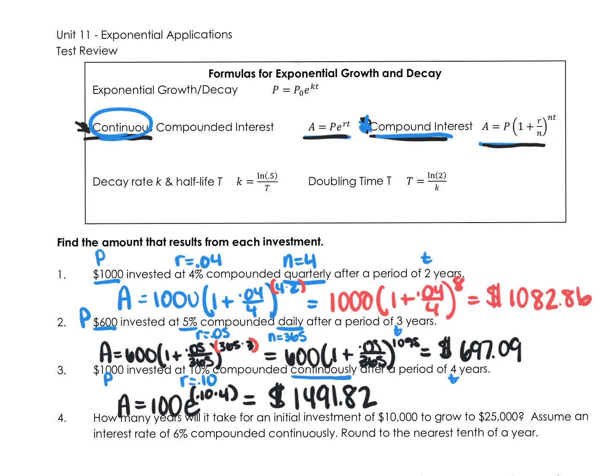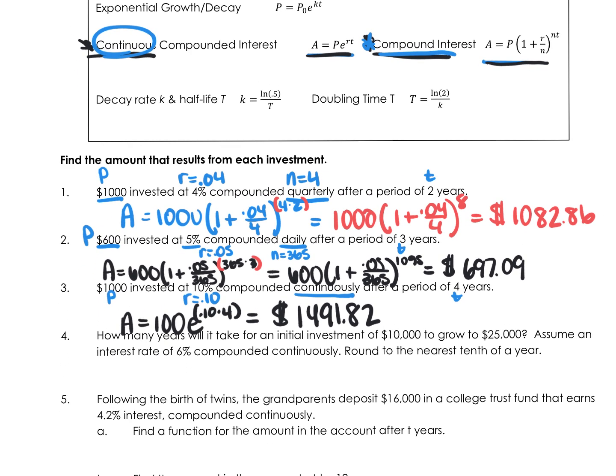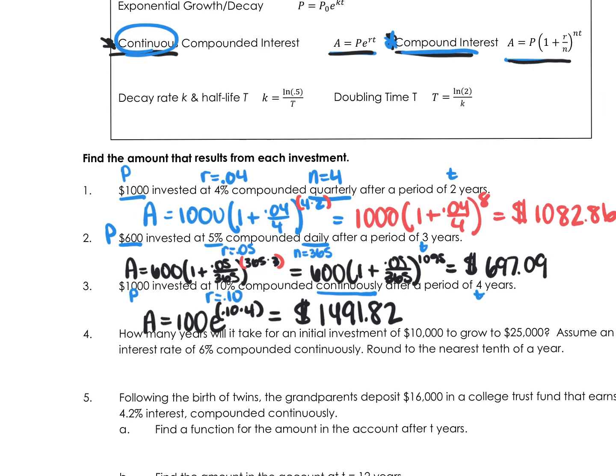This next problem is asking us how many years will it take for an initial investment of $10,000 to earn $25,000. Assume the interest rate of 6% compounded continuously. So because it says continuously, we will be using this equation again. Anytime it's a money problem, it's going to be one of these two.